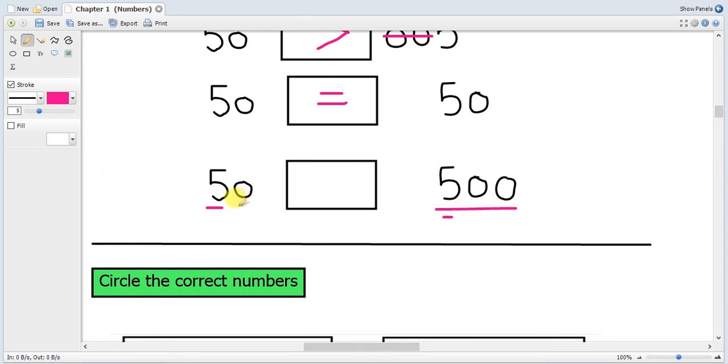Move on to the next digit: 0 and 0. Equal. Move on to the next digit. Over here we have another digit, which is 0, and over here we have nothing. We cannot put 0 here. So 50 is smaller than 500. The alligator always opens its mouth towards the bigger number. So this is how we represent a less than sign. I hope you got the concept.